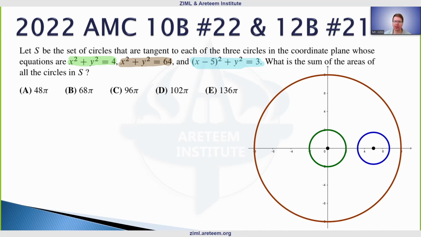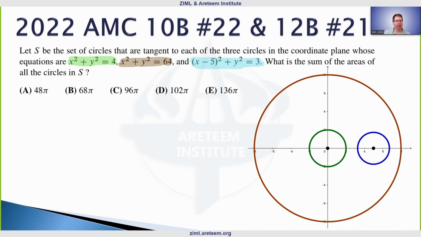And we want to find the sum of the areas in that case. So let's look at some notes and observations of things we want to look at here. We have this idea of internally or externally tangent.